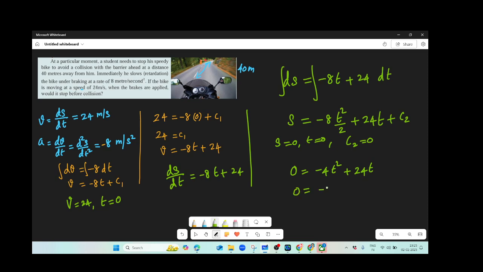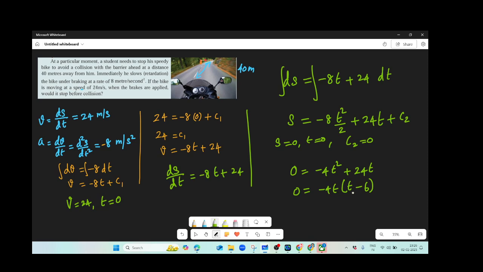Now take minus 4t common: t minus 6. So either t equal to 0 or after 6 seconds the displacement becomes 0.